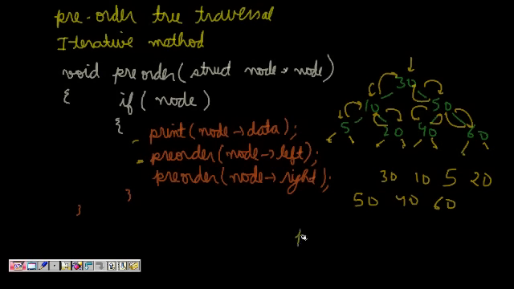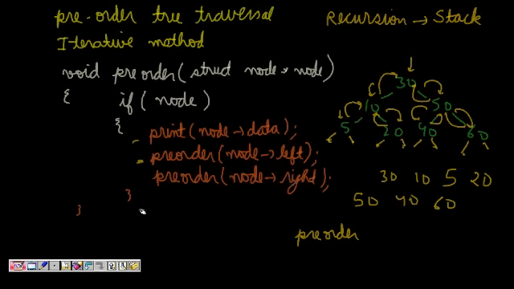So this is called the pre-order traversal, and now we don't have to use recursion, but we have to do the same thing. So what should be the approach? Whenever we use recursion, and we are asked for something iterative, we have to use a data structure called a stack.